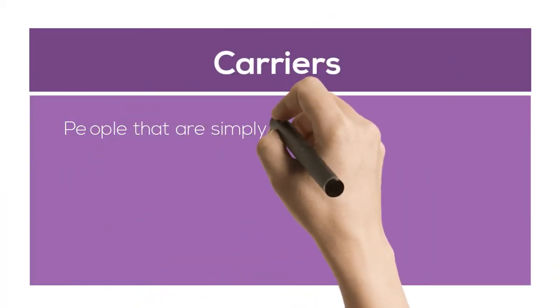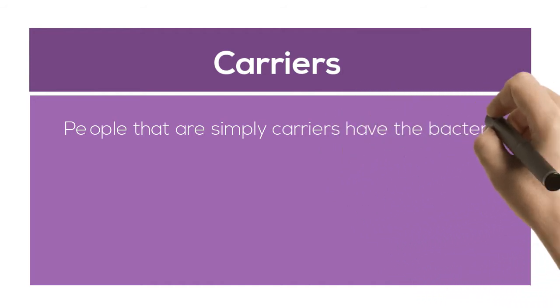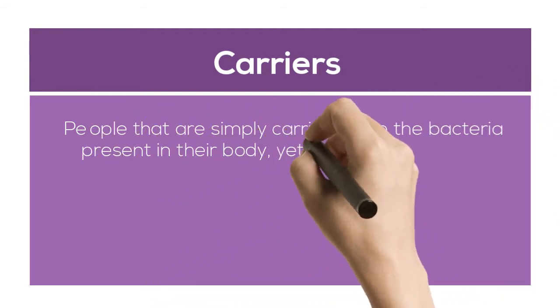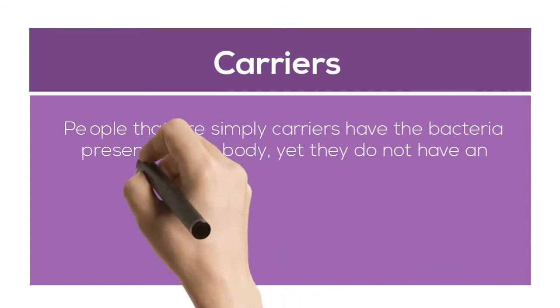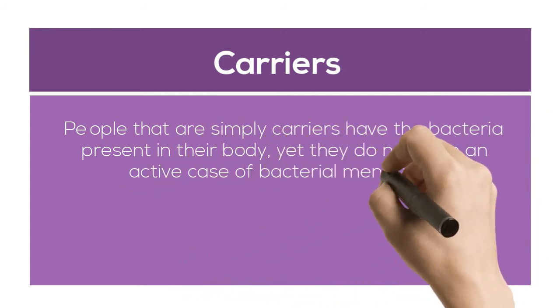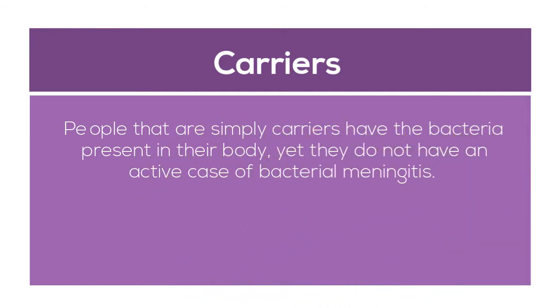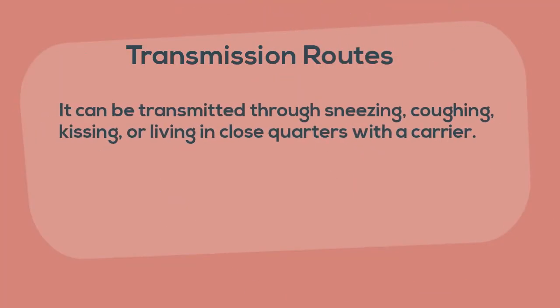People that are simply carriers have the bacteria present in their body, yet they do not have an active case of bacterial meningitis. The bacteria that causes the bacterial meningitis can be transmitted through sneezing, coughing, kissing, or living in close quarters with an individual who is a carrier.